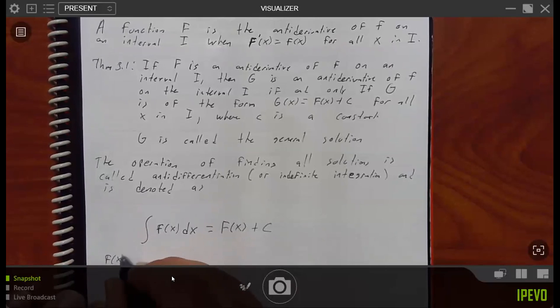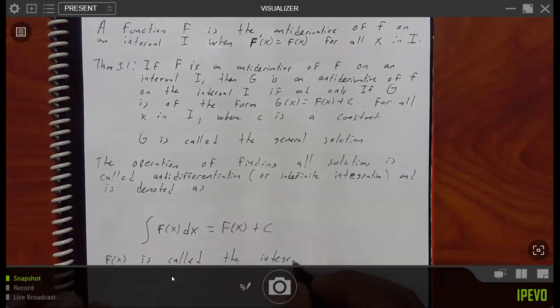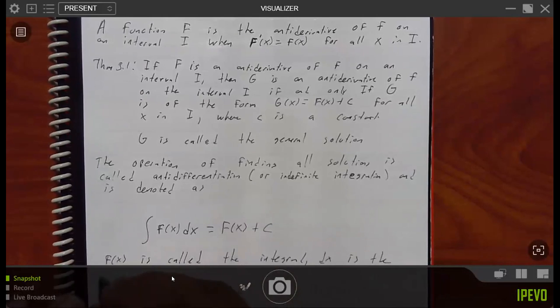Lowercase f of x is called the integrand. dx is the variable of differentiation.